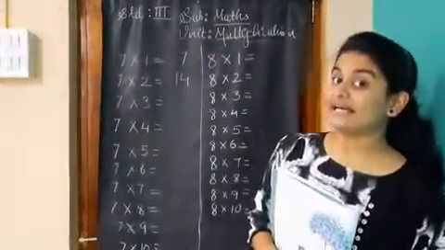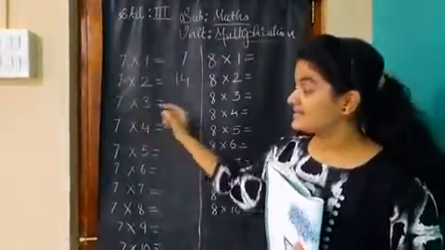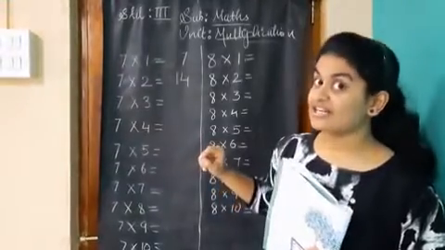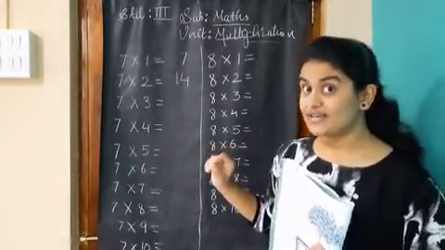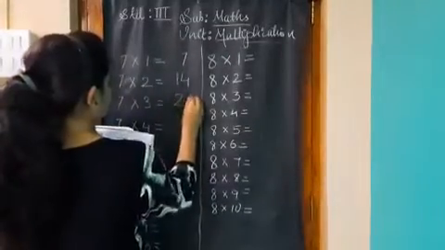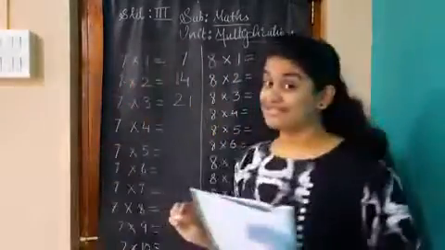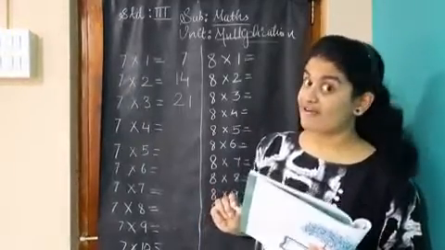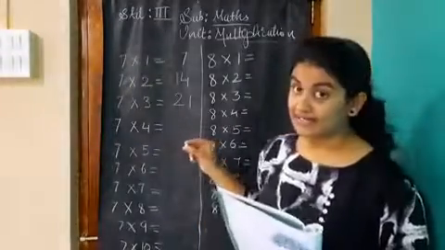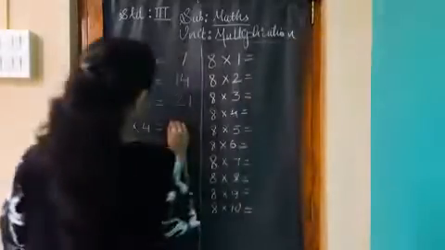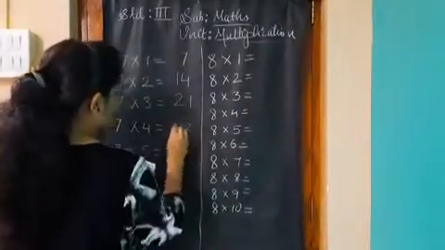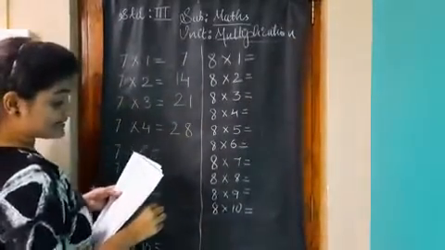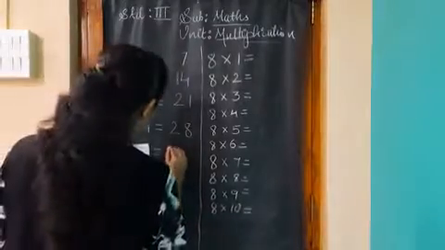Now, who will tell me what is 7 threes are? 7 threes is 21, right? Now tell me what is 7 fours are? 7 fours is 28, right? 7 fives is 35.